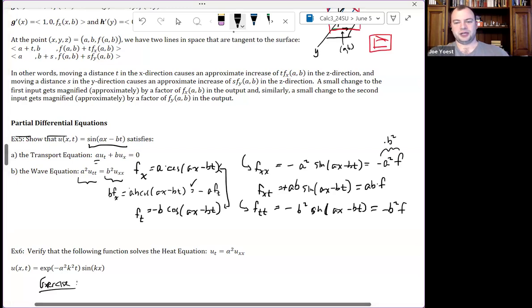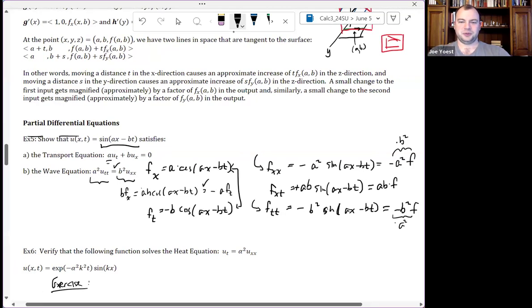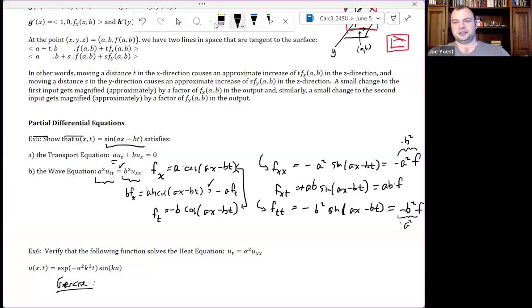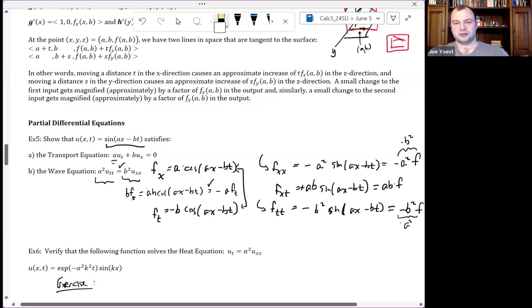And if I multiply the second partial with respect to t by a squared, I get exactly the same thing. So these are indeed equal. So most of the demonstration was really just in computing all of these partial derivatives and then showing that the algebra works out.